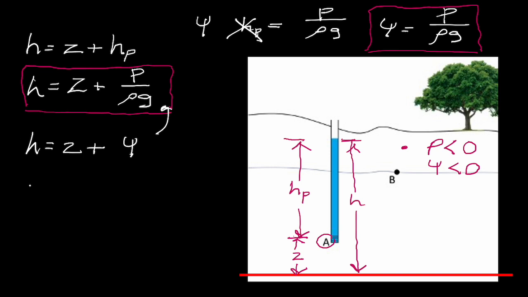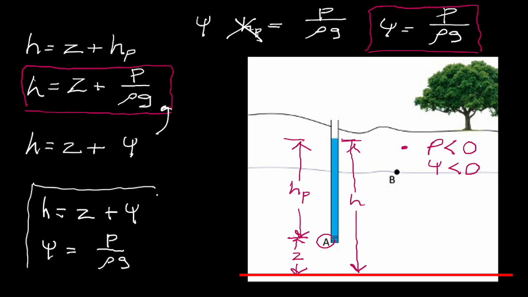And once again, I can't emphasize enough, the equations you will actually need to use are essentially these two. H equals Z plus pressure head, which is called psi, and psi equals, just like it always does, the pressure over rho G. These are the two equations you will be needing to use to solve problems of head in the unsaturated zone.